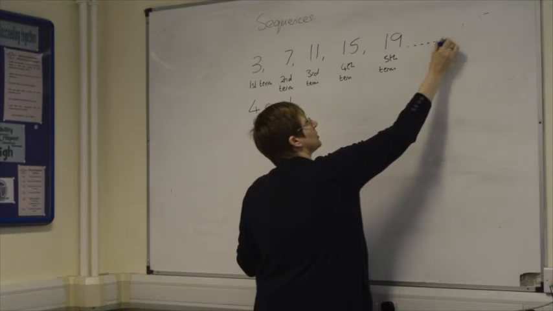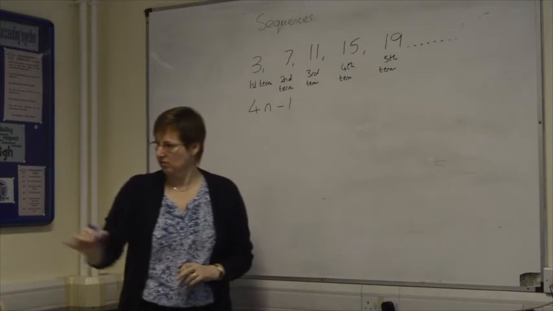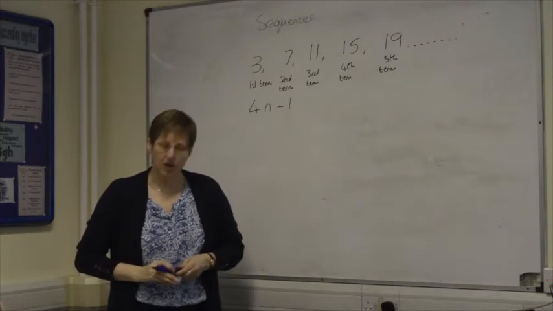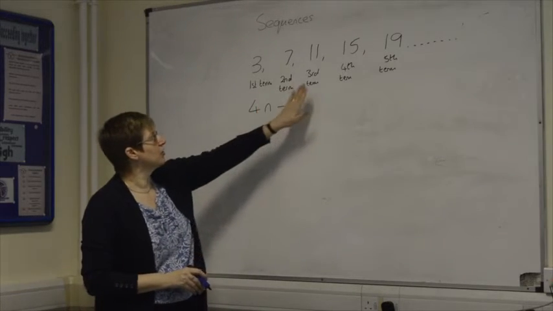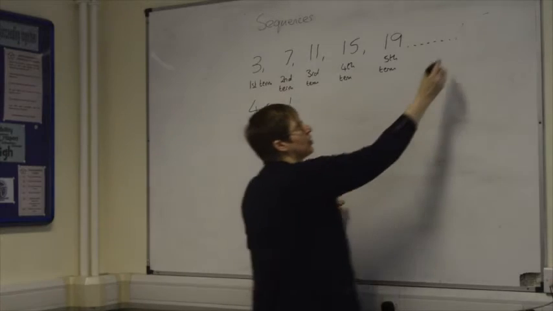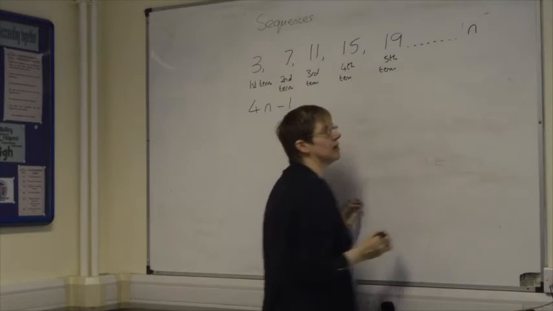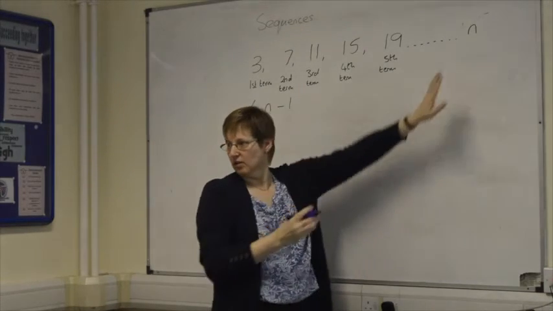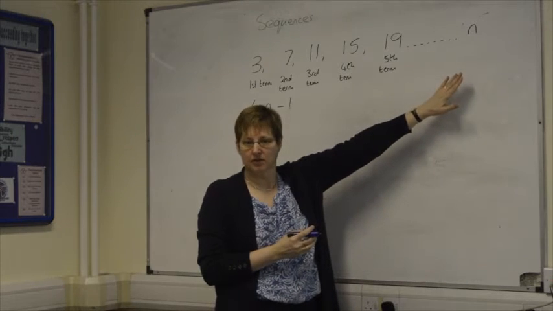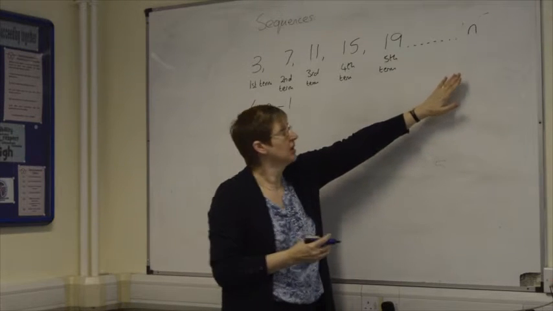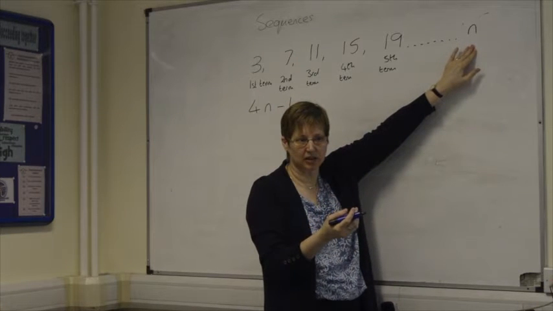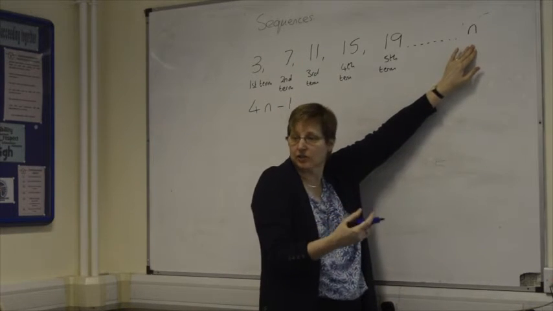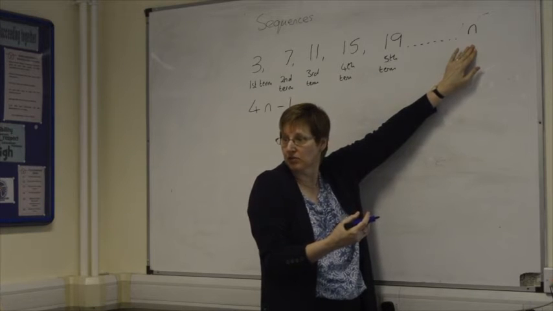Now, how many terms did we say I had altogether? Infinite. We said we had an infinite number of terms. So it goes 1, 2, 3, 4, 5, and I could keep on going forever to a number that never ends. So I'm just going to call it n, because I can't actually write a number down, can I? But I know that n stands for any number I want it to stand for.